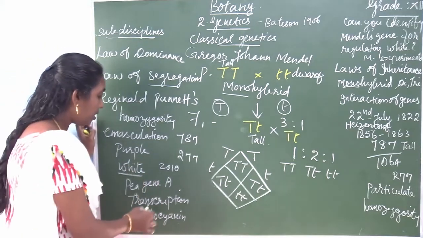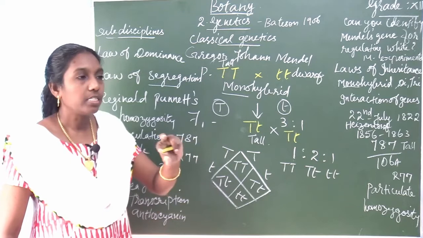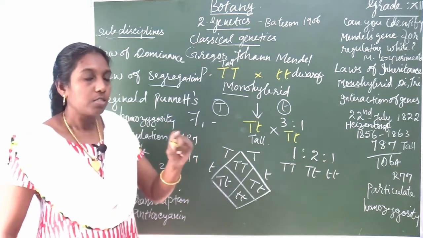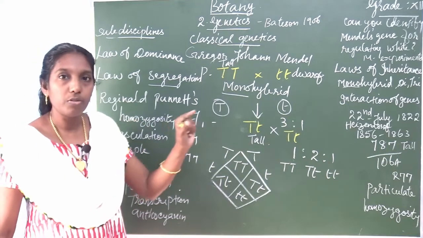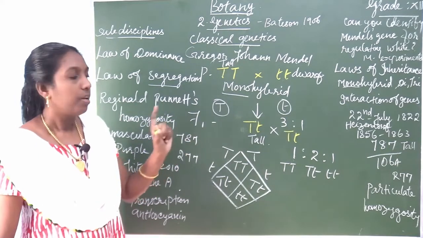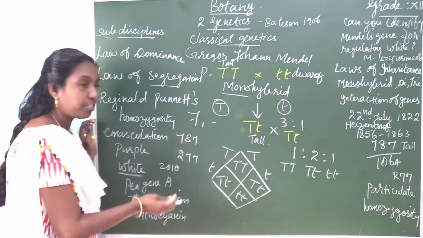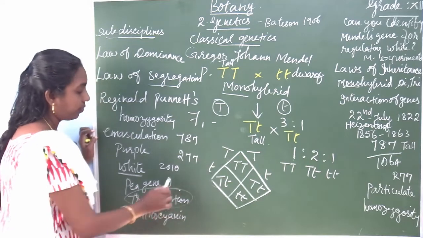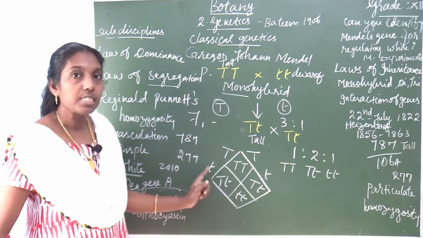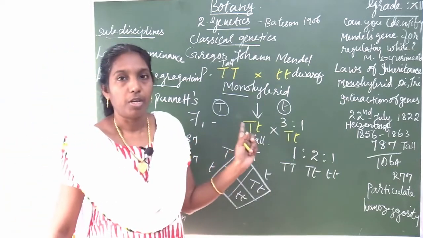So, what is the reason for the white color flower? In the white color flower, a mutation takes place. A small nucleotide sequence inactivates the process of transcription, so it produces white color. This was illustrated by the biologists.